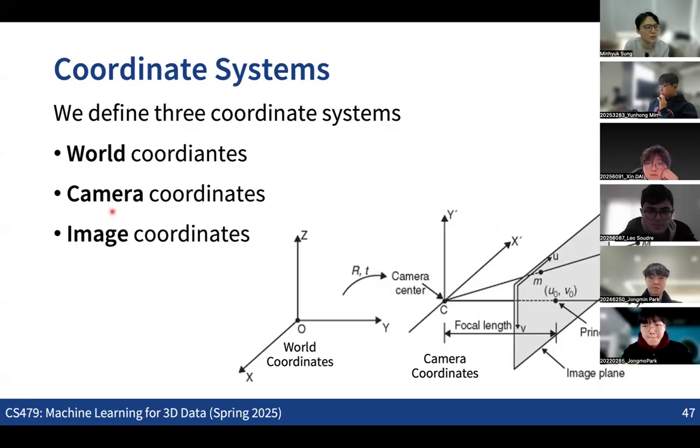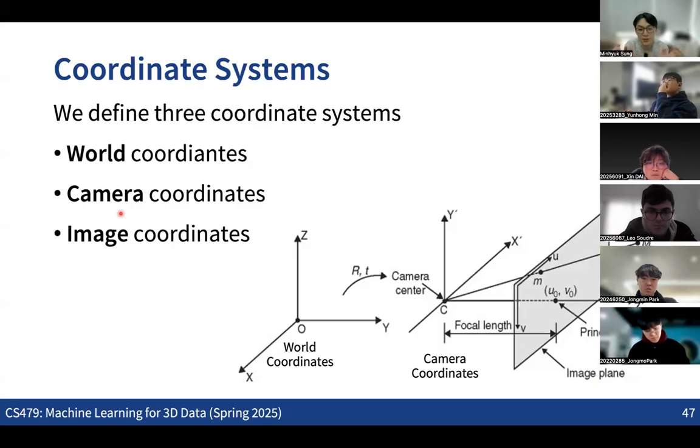We also define an absolute coordinate system, which is called the world coordinates. So we typically define three coordinate systems. One is the world coordinate system, the absolute coordinate system for the entire 3D scene. And depending on where we put the camera and the view direction, we also define a local coordinate system, which is the camera coordinate system.